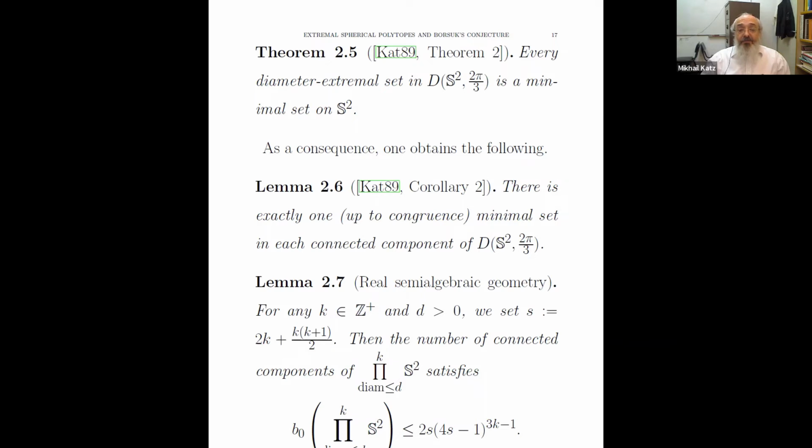The transition from this theorem to this lemma is actually the main connection of this talk to the theme of this conference, because here it's a kind of Morse theory with a non-smooth Morse function. Because every critical point is a minimum, it has to be unique, and each connected component has to be unique. So that's what the corollary says here. The lemma: in each connected component of this big set, there's only one minimal set, which is diameter extremal. Not only diameter extremal, but actually minimal.